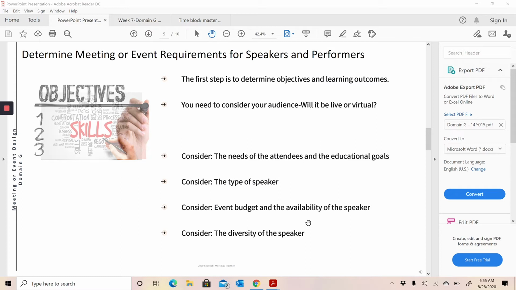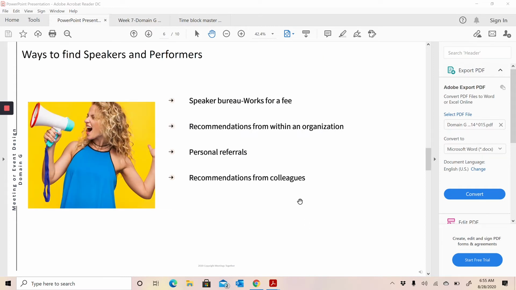I think the next one is about the speaker bureaus. So, ways to find speakers. You can use a speaker bureau. There is a fee that is involved, but normally it is set into the price of the speaker. The speaker bureaus work pretty much like convention bureaus.